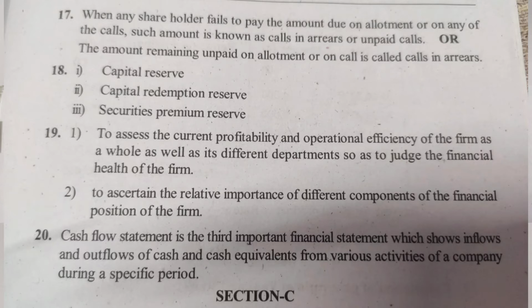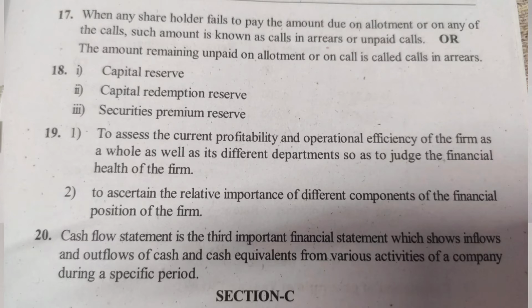After that, what comes under the head of the reserves and surplus? So capital reserve, capital redemption reserve, securities premium reserve, these will all come under the head of reserves and surplus. Third, to assess the current profitability, and this is the financial statement.